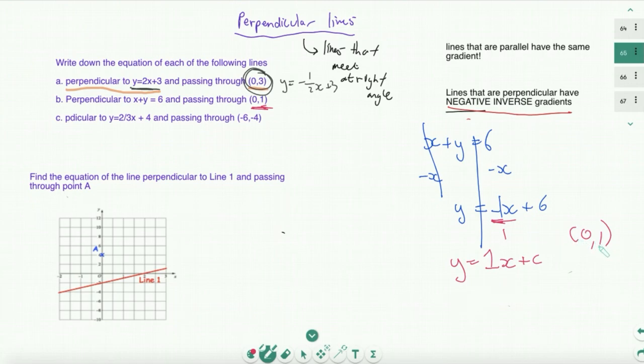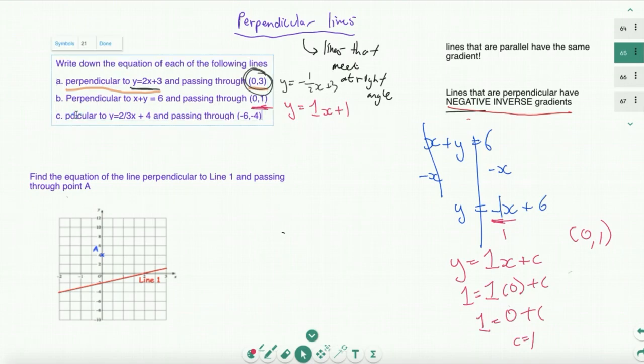So the y-coordinate is 1 equals 1 times the x-coordinate, which is 0, plus c. 1 equals 1 times 0 is 0 plus c. 0 plus something is 1. 0 plus 1 makes 1, so c is 1. So y equals 1x plus 1. Let's do the final one.